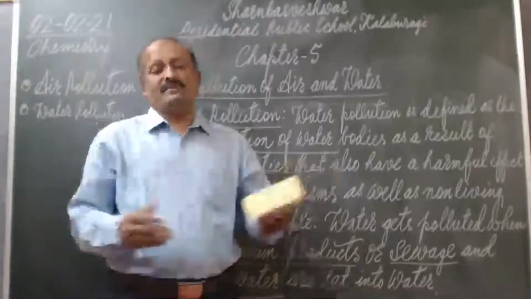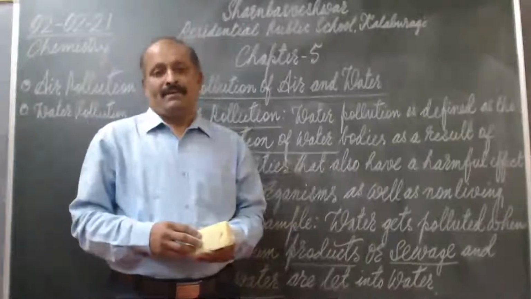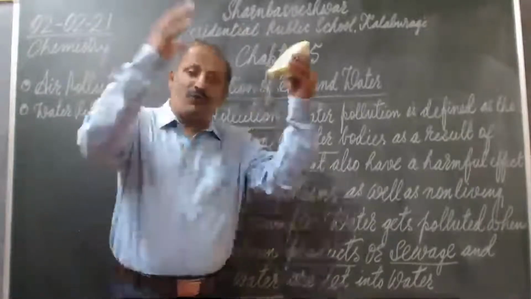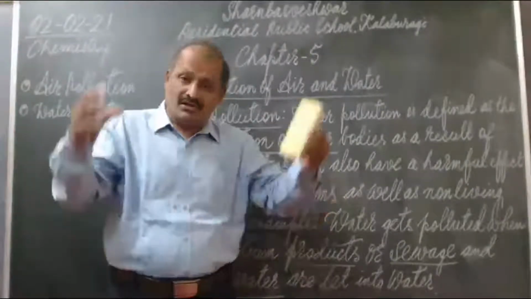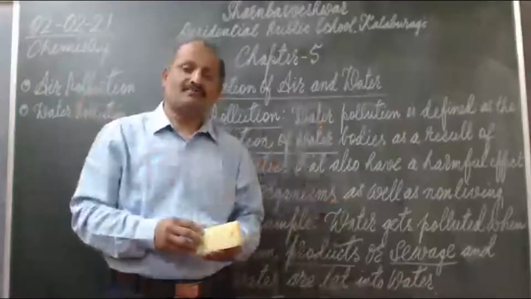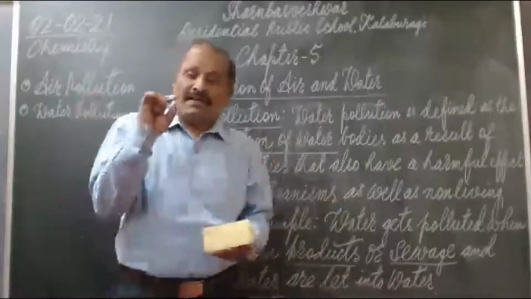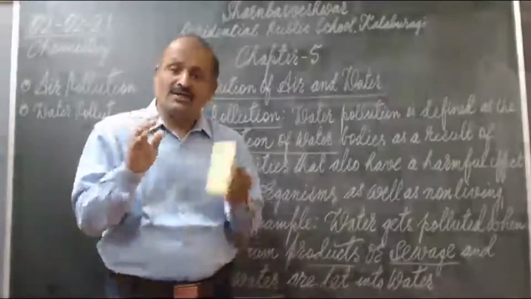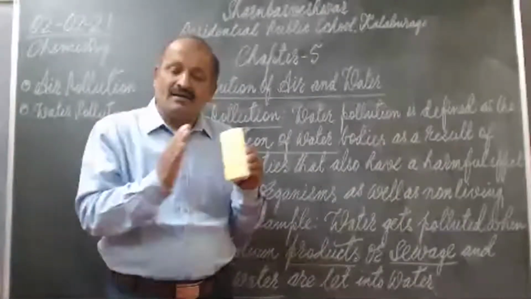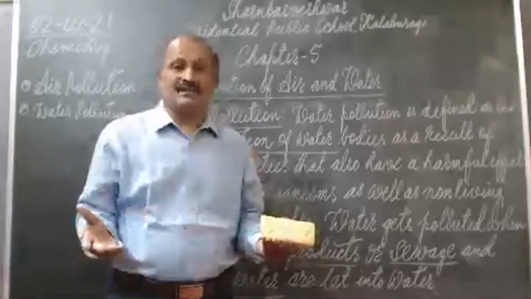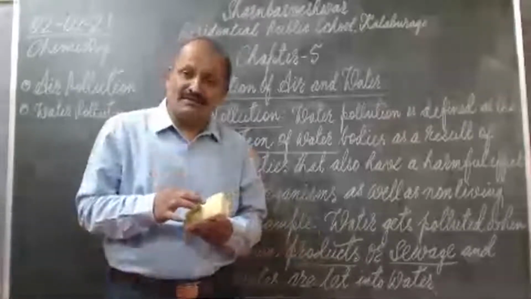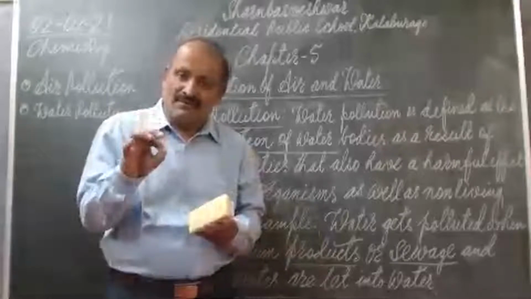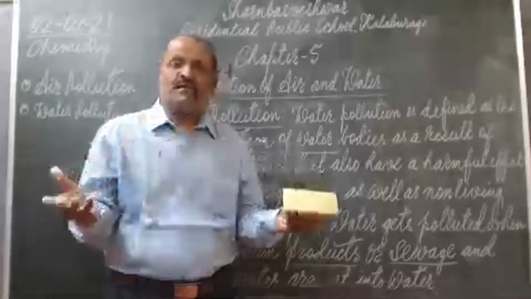So we have the drinking water upon this earth which is available less than 1%. You may ask me, sir, then what about 3/4 of the water? See, 97.5% of water is available in the sea, which is saline.